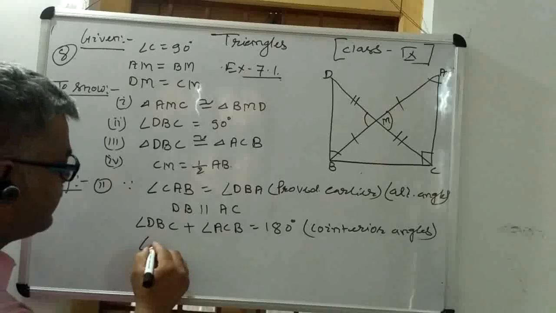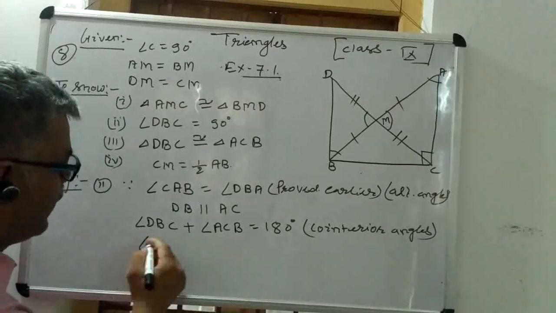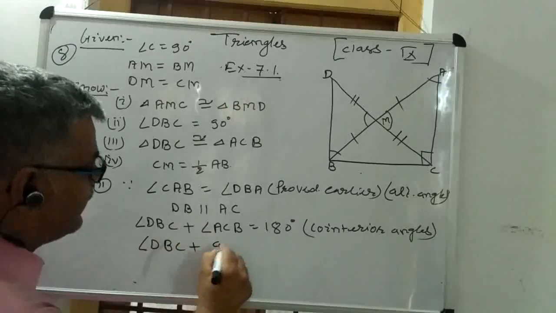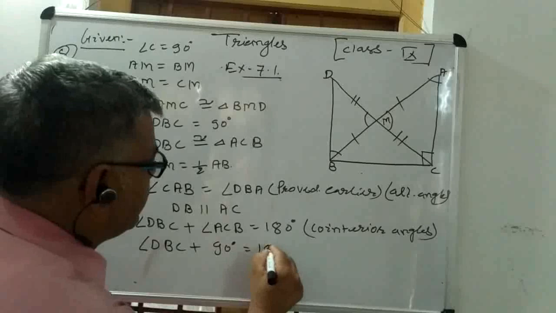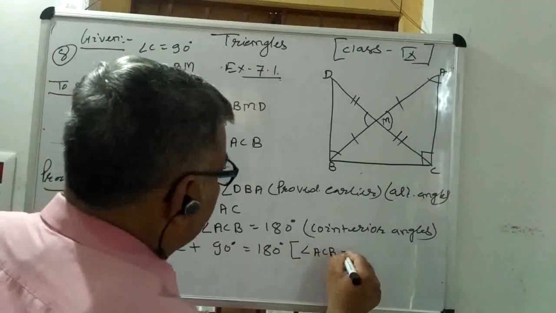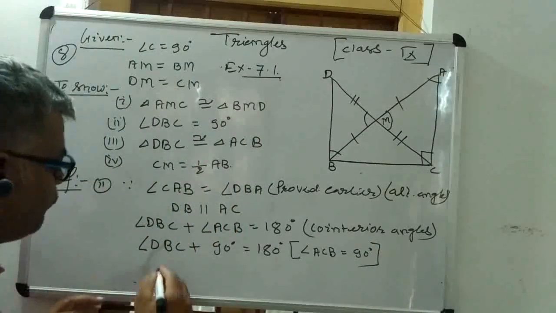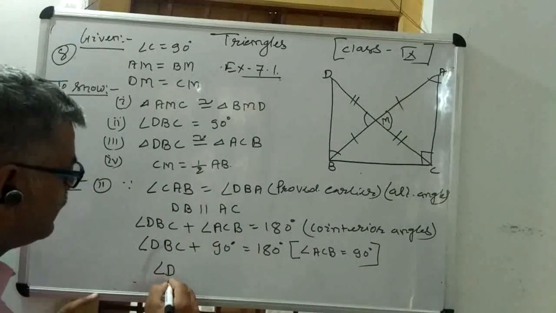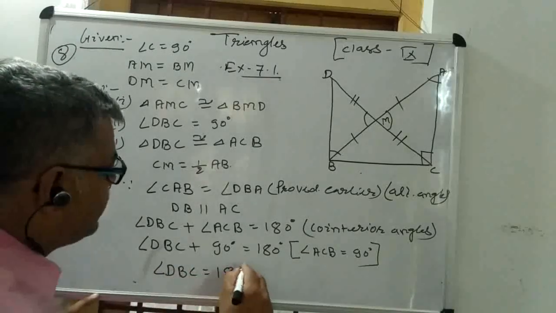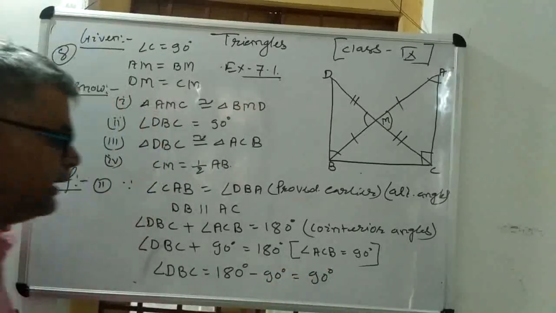But angle ACB was given as 90 degrees, so angle DBC plus 90 degrees equals 180 degrees. So angle DBC will be 180 degrees minus 90 degrees, which is equal to 90 degrees.